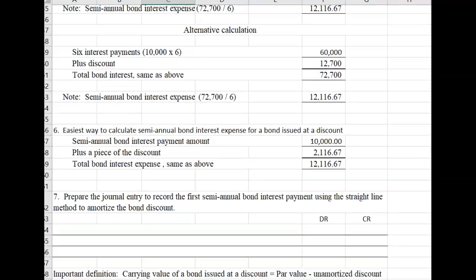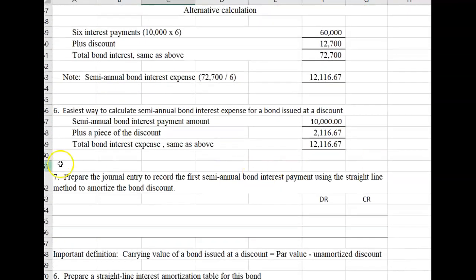So carrying on with that, we need to record the journal entry for the first semi-annual bond interest payment, and we're going to use the straight line method to amortize the discount, which means the bond interest expense on a semi-annual basis will be $12,116.67.